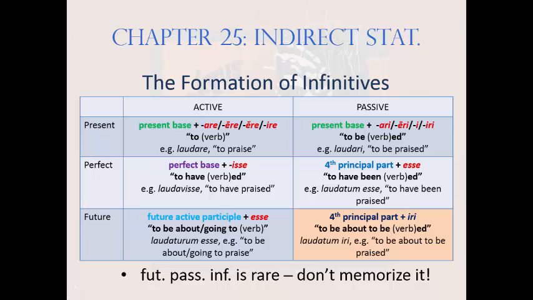Before we go on to examine the use of these infinitives in indirect statement, let's draw attention to a basic fact about these forms. Both present infinitives and the perfect active infinitive are one word. The other three infinitives, the perfect passive and both futures, are two words.